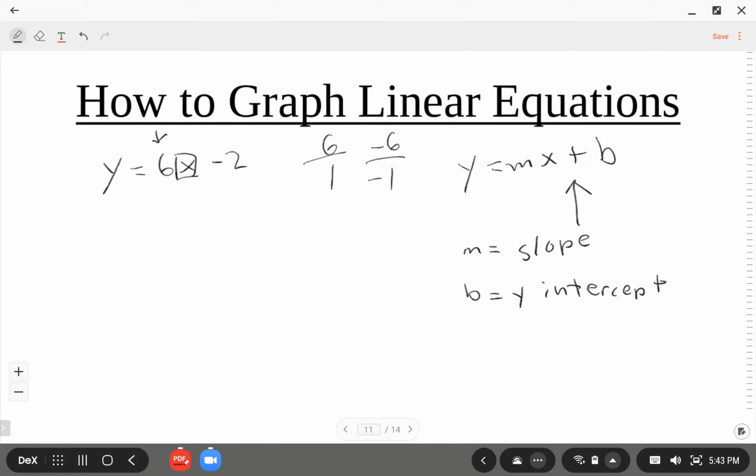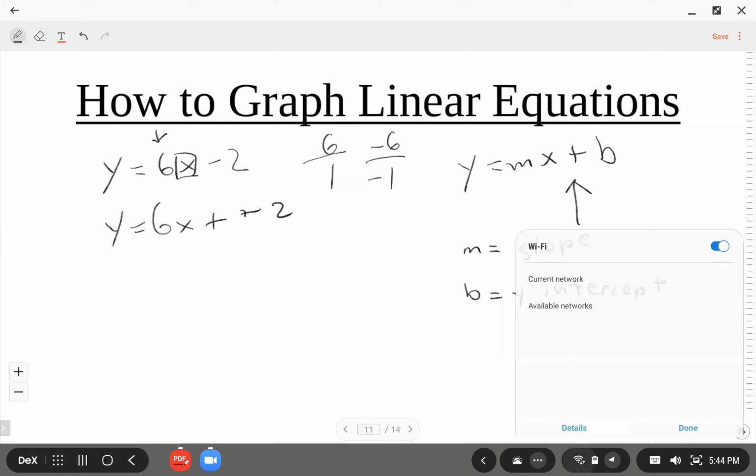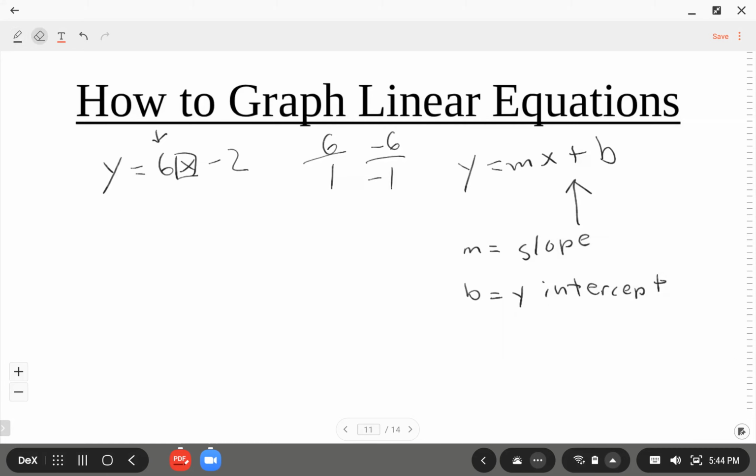So then, let's move on to our y-intercept. Our y-intercept, do you think it's 2 or do you think it's negative 2? Okay? It is actually negative 2, okay? So please include the sign before the y-intercept. Why? Because this equation can also be written as y equals 6x plus negative 2, okay? So don't forget that the y-intercept is negative 2, okay?